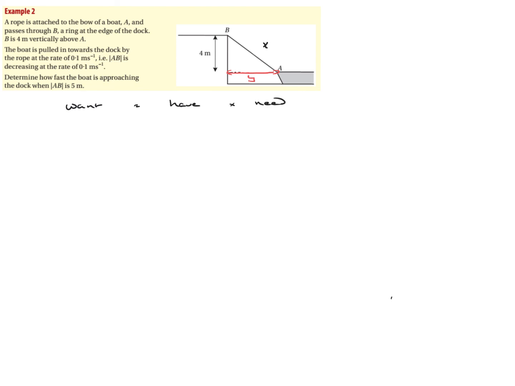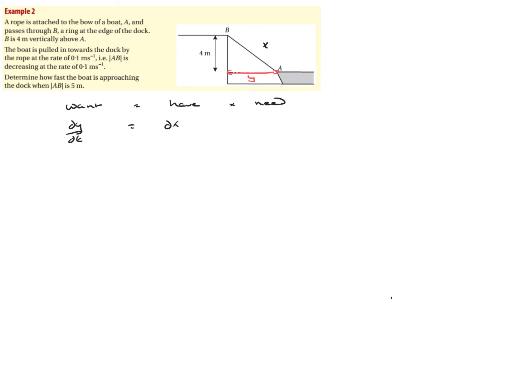Okay, so what we want here is how fast the boat is approaching the dock. So approaching the dock, that's going to be y. So what we want is dy, we're not told with respect to what, so it's dy/dt. What we have here is we're told that it's getting pulled towards the dock at a rate of 0.1, and we know that dx/dt, so that's what we have here.